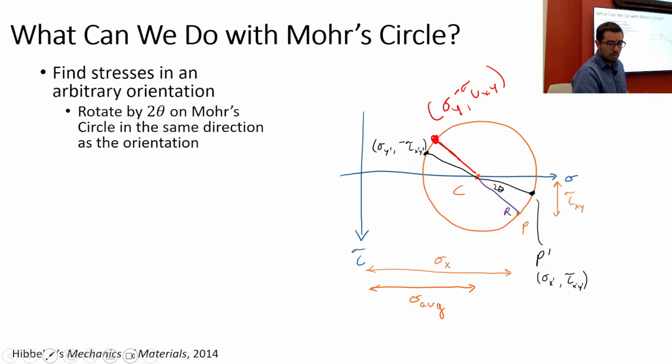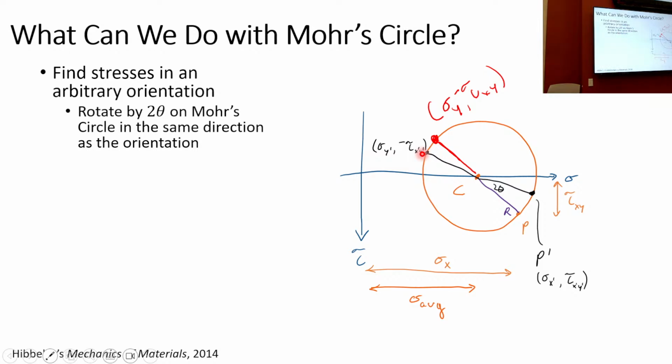What we're trying to say here is that I can plot point P, which is sigma x comma tau xy. I can rotate over and plot a sigma x prime, tau x prime y prime. But if I want my sigma y prime, I have to go to this part of the Mohr circle. Now, why is that?